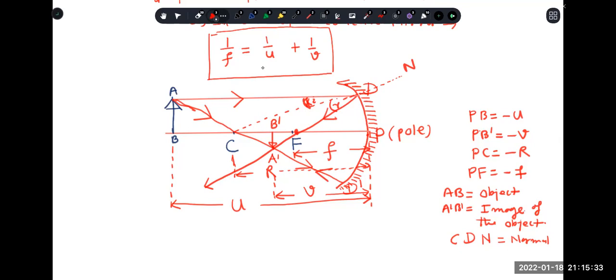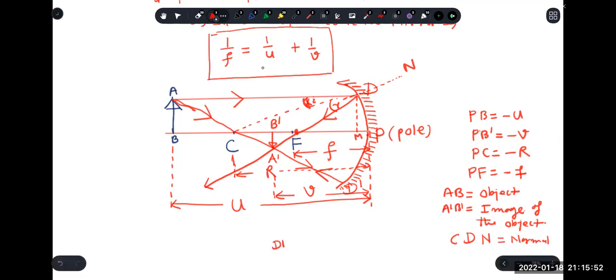One perpendicular must be drawn from the point of incidence D, which falls near the pole. This perpendicular on the principal axis is DM, where M is the point very near to the pole.